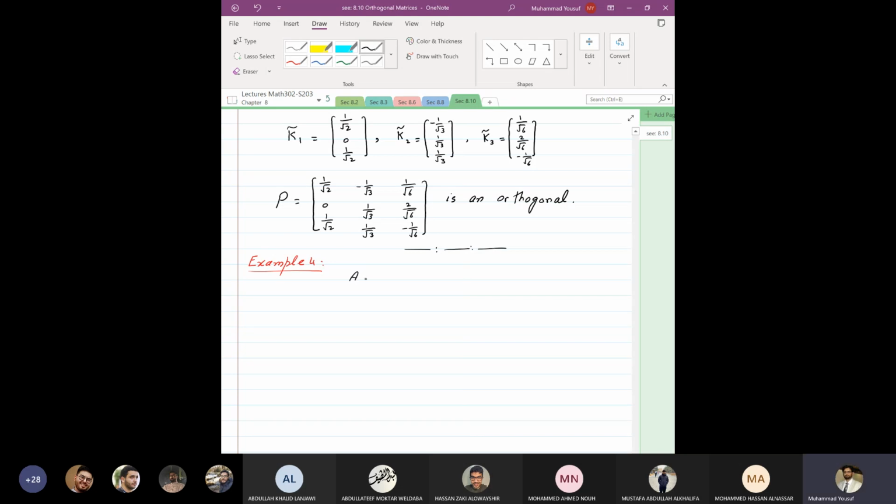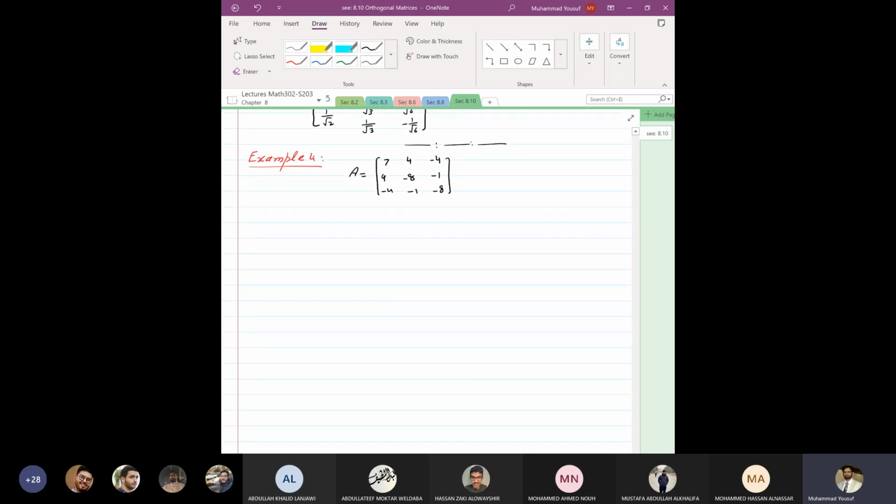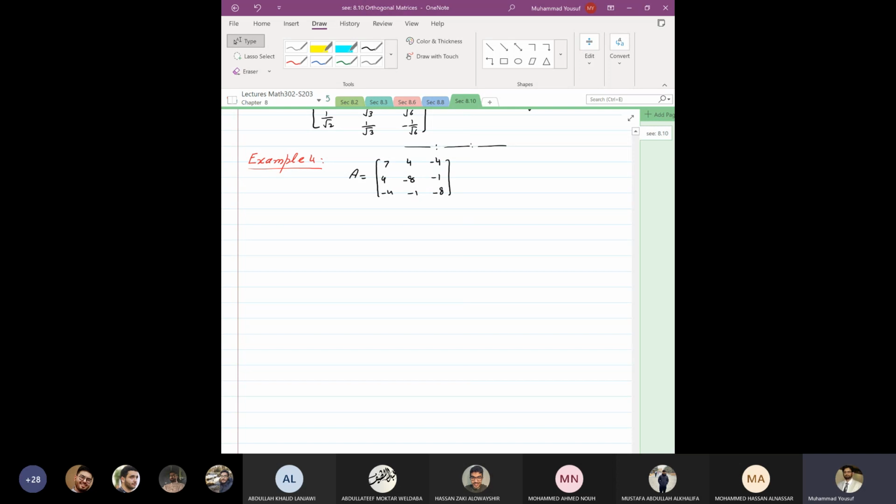What is this matrix? 7, 4, negative 4, 4, negative 8, negative 1, negative 4, negative 1, and negative 8. We can see that it is symmetric.